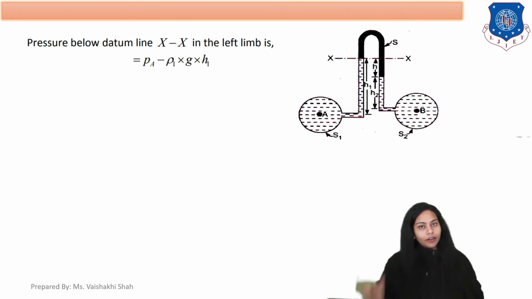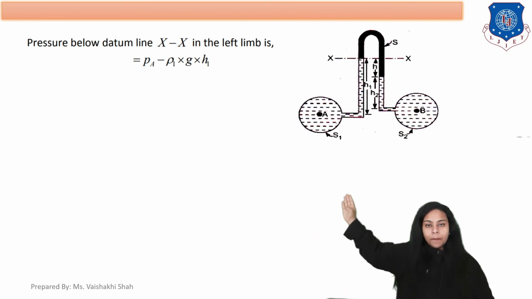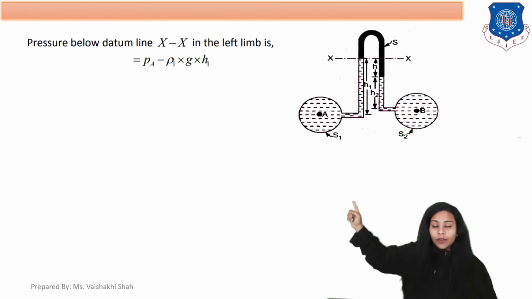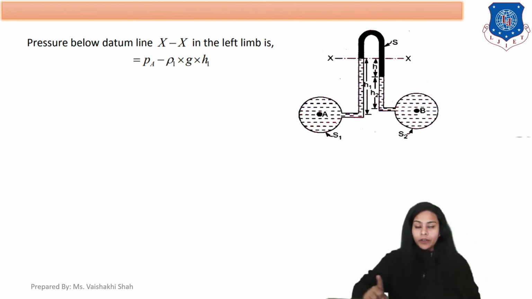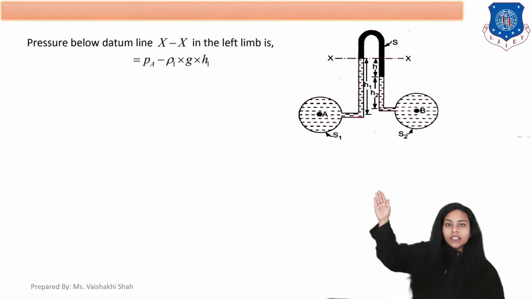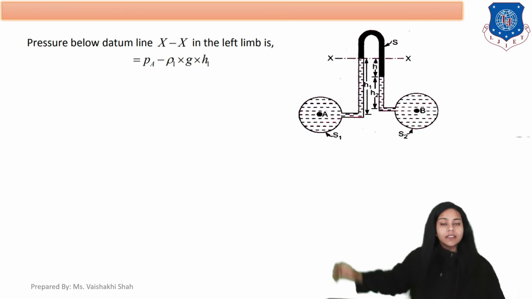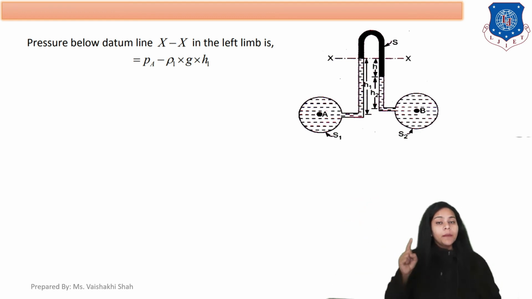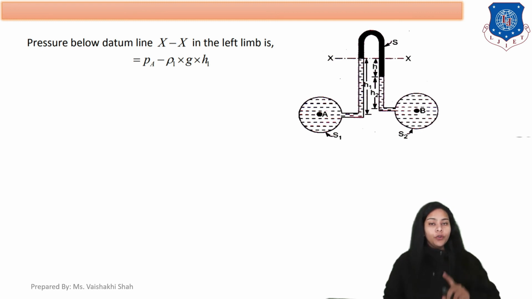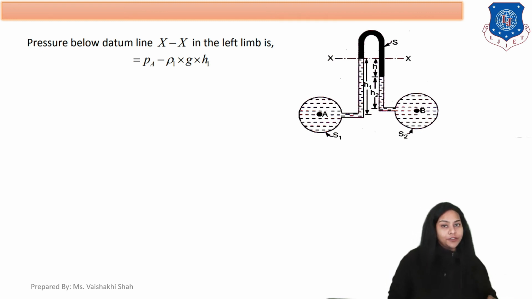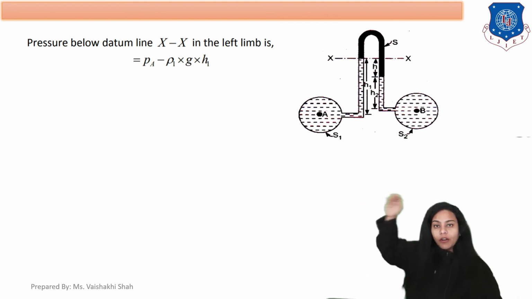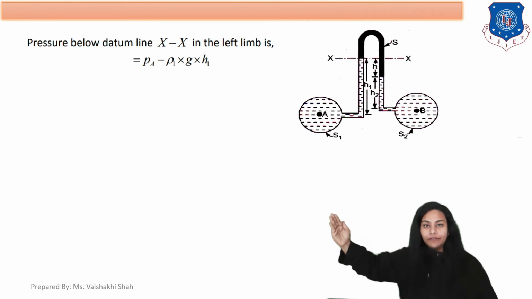Here limb means your column. So in the left column, first the pressure is PA. Now here the sign is negative because it is going opposite to the gravitational force. So PA minus rho 1 g H1. This is the pressure on XX in the left column.